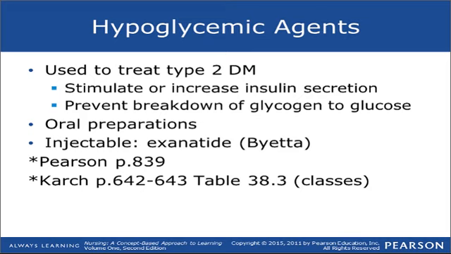Let's see, I wrote a note here for myself on the Pearson, page 839. Type 2s may have insulin added even if they're on oral hypoglycemics, except in the hospital. They usually don't give the oral hypoglycemics because of the risk of hypoglycemia.